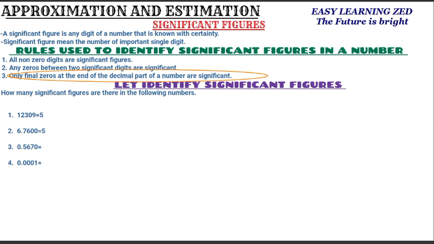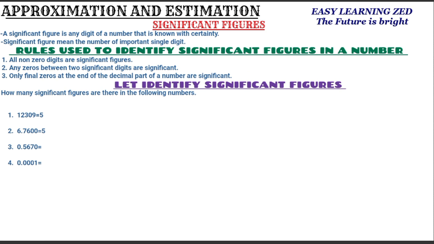Okay, let's go to number 3. The number is 0.5670. How many significant figures are in that number? Here we can use the first rule, which says all non-zero digits are significant figures.